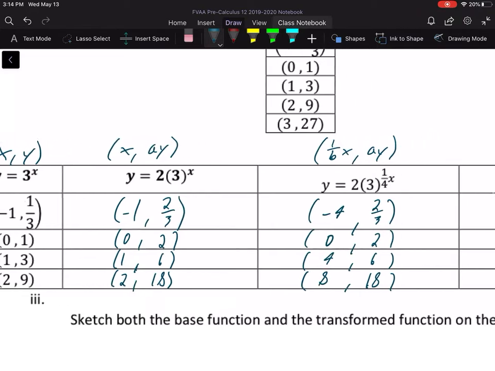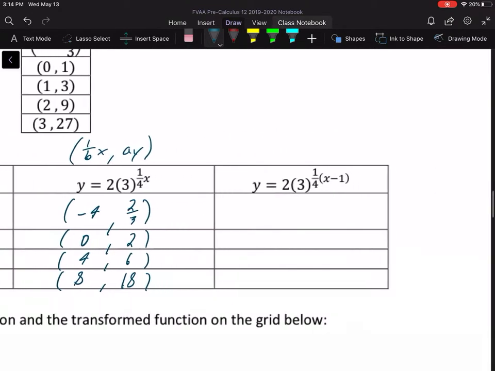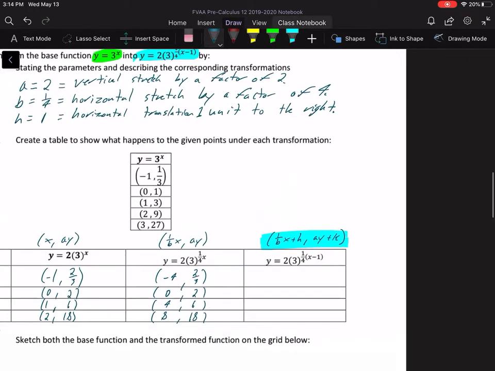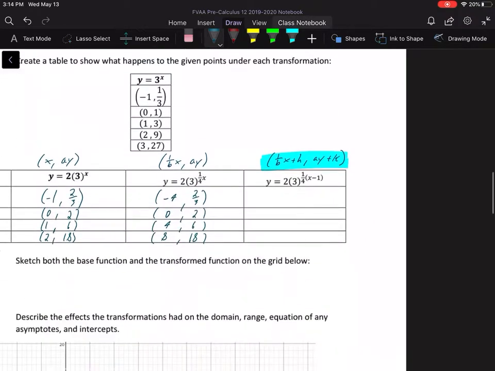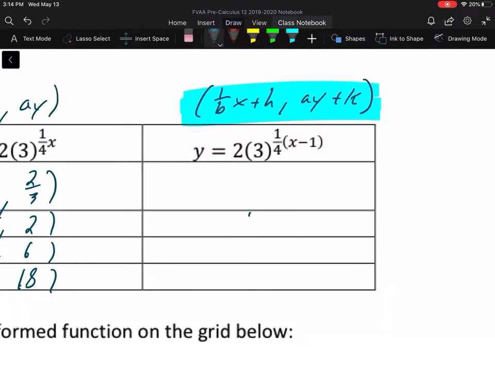Now I've applied the a transformation and the b transformation. Now I'm going to apply that h transformation. In this situation, the mapping notation grows to 1 over b x plus h, and then ay. I'll put plus k as the final all-inclusive mapping notation format, but there's no k value in this example of our transformation, so we don't have to really show that.